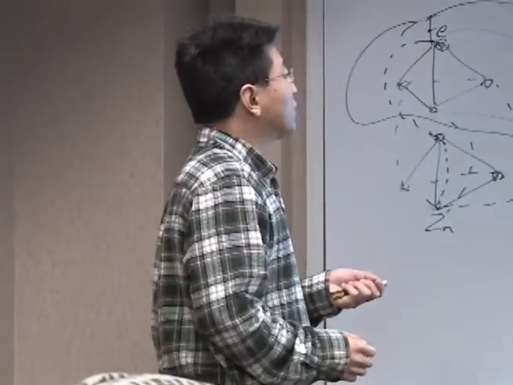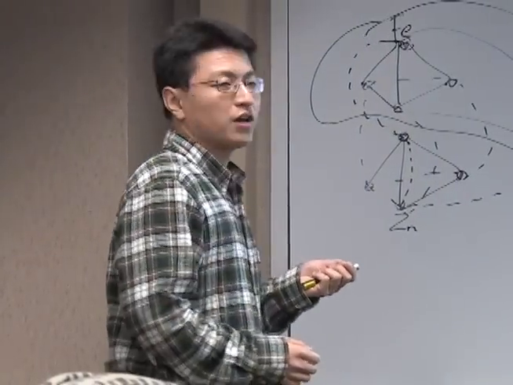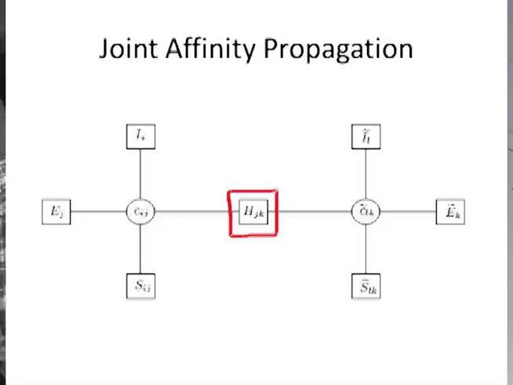And in the graphical model for the joint affinity propagation, we have two parts, right? If you look at the graph here, we just have this twin here. If you only look at this part, this represents the edge clustering.